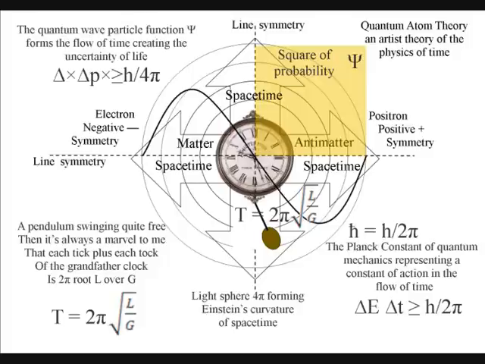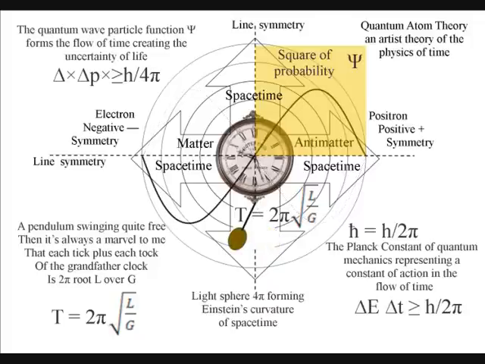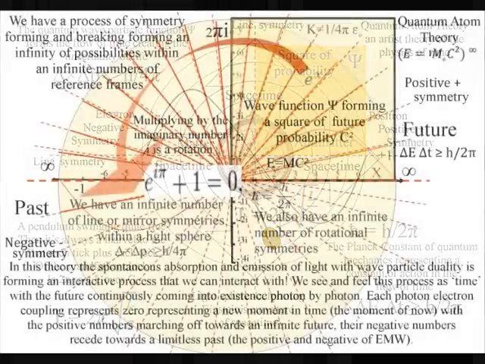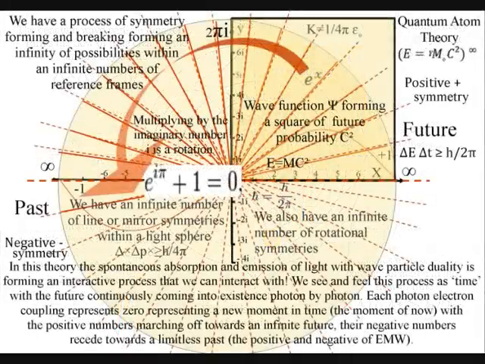Note also that the oscillating wave represents harmonic motion, and that the equation representing the movement of the pendulum is typical of equations representing the movement of objects, with 2π representing a universal process of spherical symmetry forming and breaking that we see and feel as the flow of time.